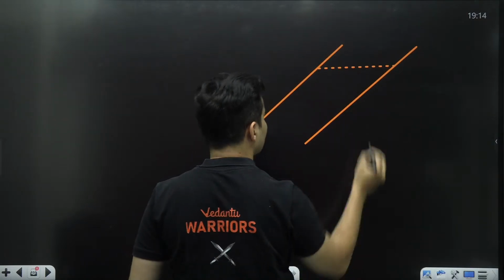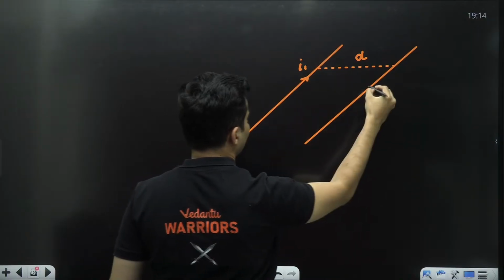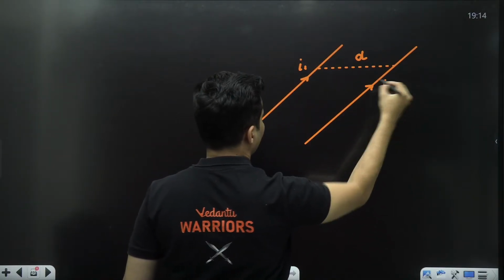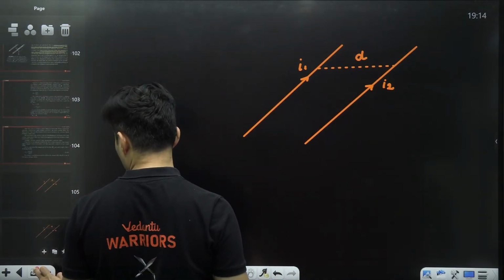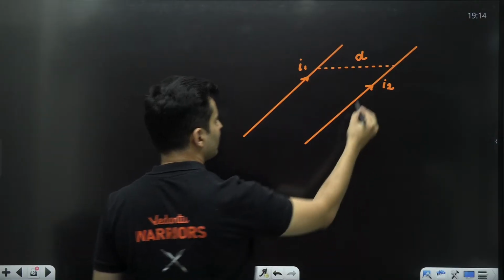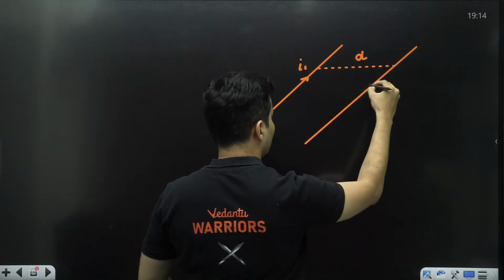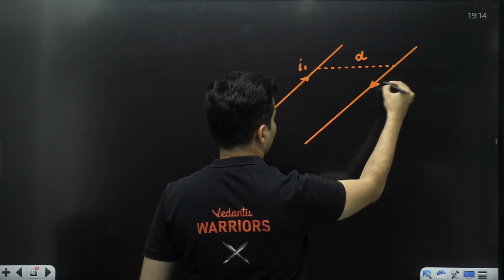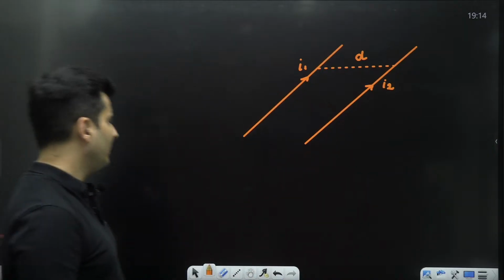Let's say that distance is D. Let's say this wire carries current I1, and this wire carries current I2. Now you can do the same logical thing when the currents are not in the same direction, maybe like this, opposite to each other. Now they are in the same direction.